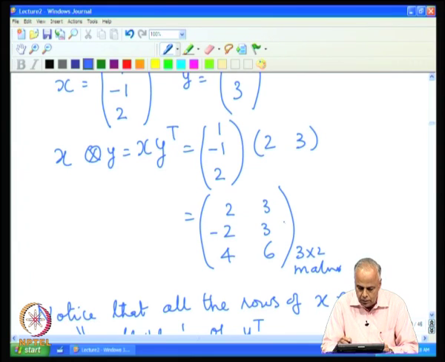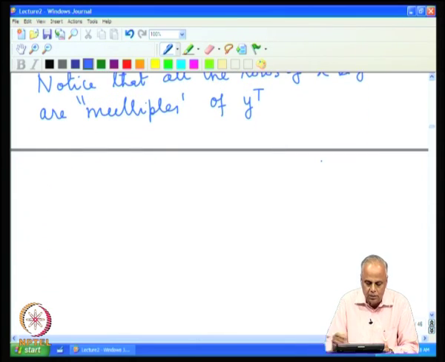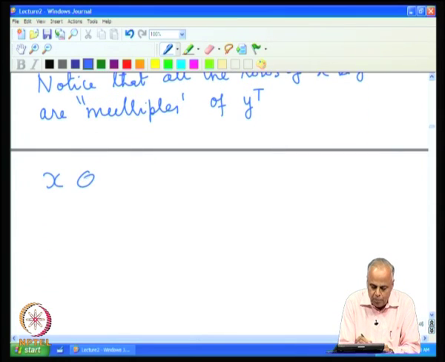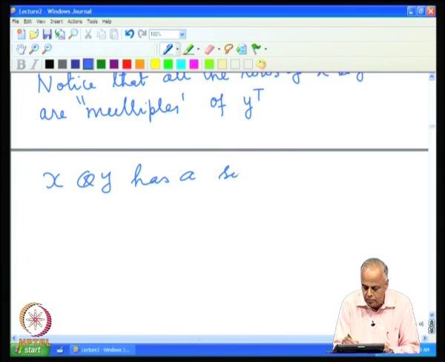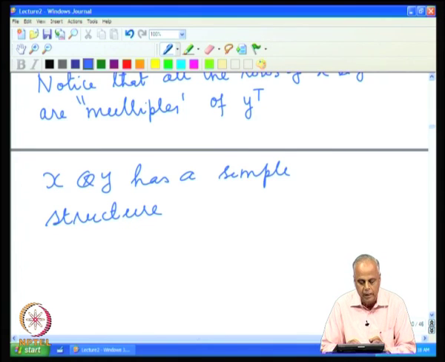This row here is the minus 1 multiple of (2, 3). This row here is twice the multiple of this (2, 3). So, thus the tensor product x y has a simple structure, namely all its rows are multiples of just y transpose.